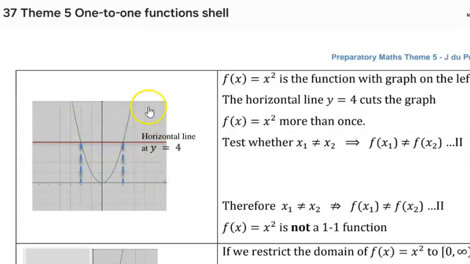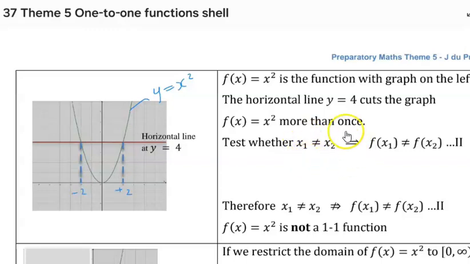On the left-hand side, this is the graph of the function y equal to x squared, our mother graph. I've drawn a red horizontal line at y equal to 4. We see it cuts at two values, so we will get two x values, namely -2 and +2.